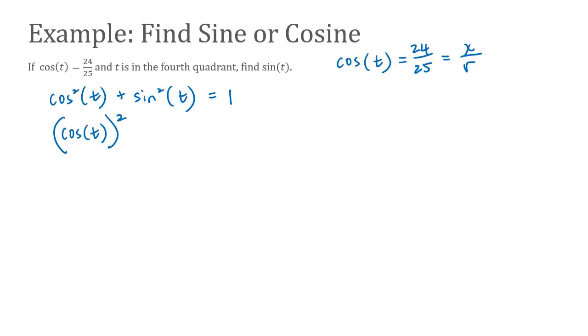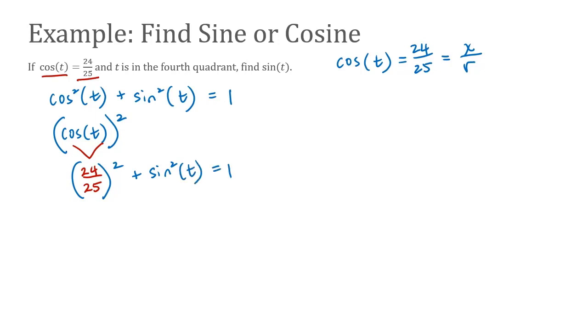But t is not 24 over 25. Cosine of t is 24 over 25. So in the place of cosine of t goes the number 24 over 25, and I'm going to square it, plus sine squared t, which I don't know, is equal to 1.